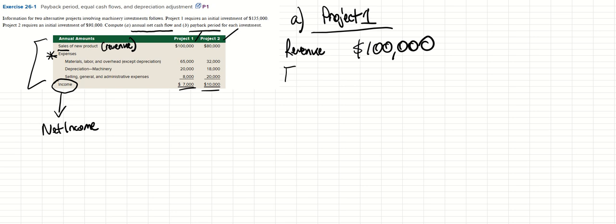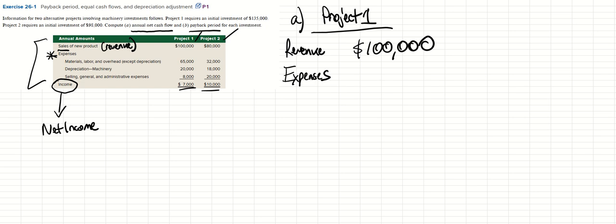Then we go down to our expenses. This is where things are going to be a little different. Our goal is to convert the net income into net cash flow, so there could be some expenses that are categorized as non-cash expenses. Let's go down the line and figure out which ones are classified as non-cash.